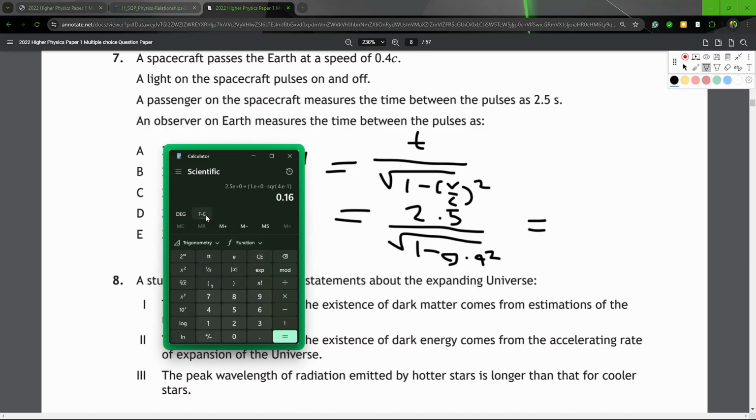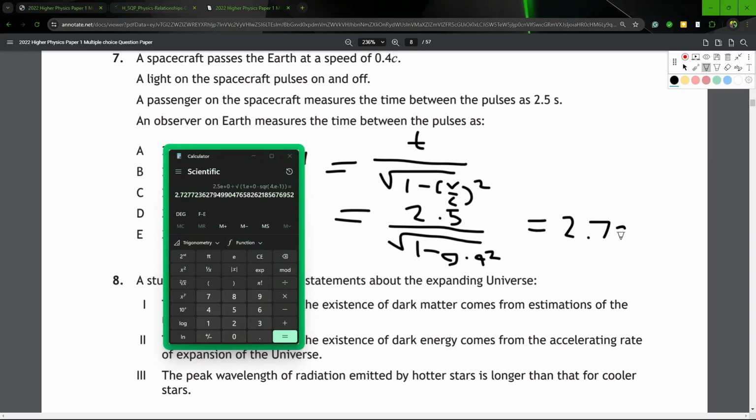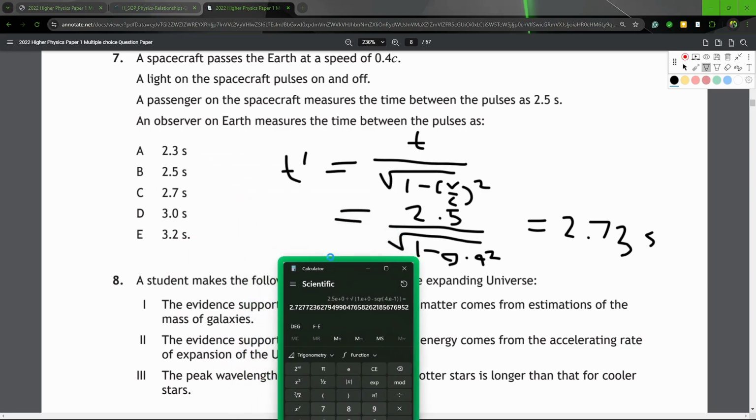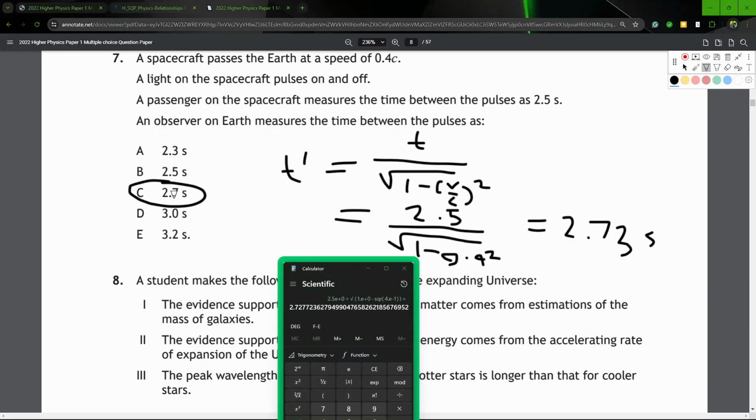Yeah, this is going to be a bit weird. And then do that, and then that. That gives us 2.72, I will round it up to 3 seconds. And there we go. So we're thinking that this will look like the correct one.